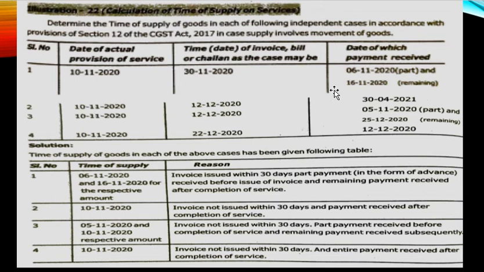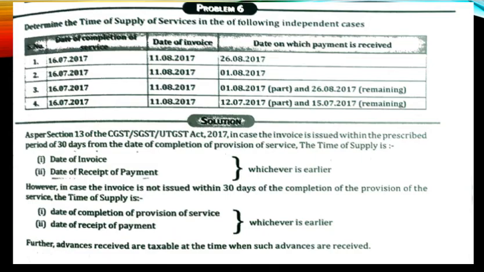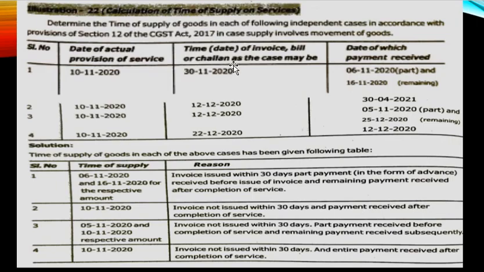Now in this case, what will be the situation? If it is within 30 days, you will be taking the date of invoice and the date of receipt of payment. What is your date of invoice? 30th November 2020, and the date on which the first payment was made is 6th November 2020. In both cases, whichever is earlier.